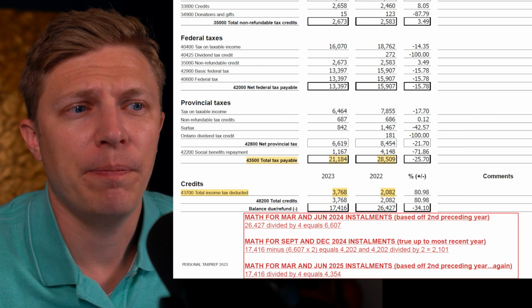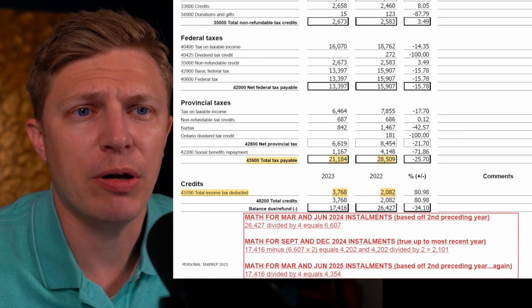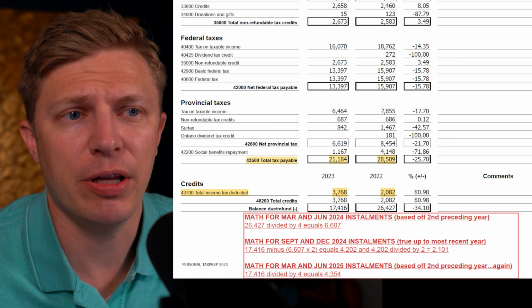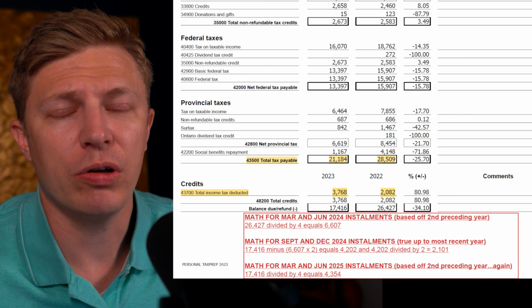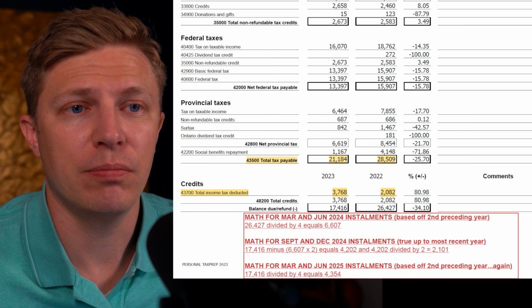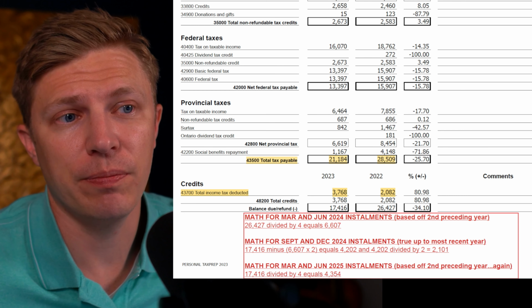So really, your September and December amounts are always truing up to your most recently filed tax return, the net tax payable on that tax return, while giving you credit for the amounts that you already remitted in March and June, which were based off of 2 years ago.